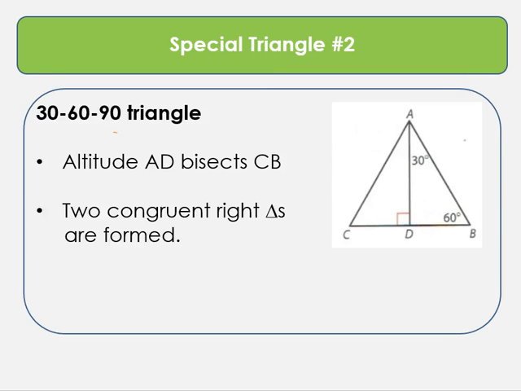Special triangle number 2. This is a 30, 60, 90 triangle, and it's an equilateral triangle. And the way that we solve an equilateral triangle is to drop an altitude that will bisect CB. So AD bisects CB, and consequently 2 congruent right angles are formed.